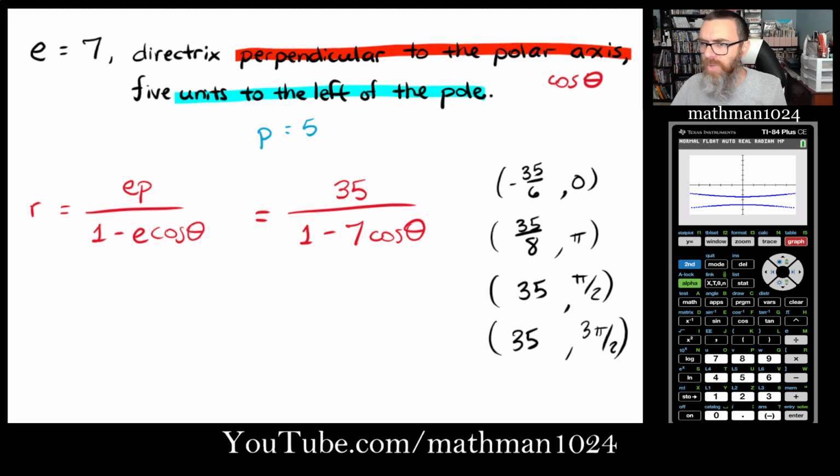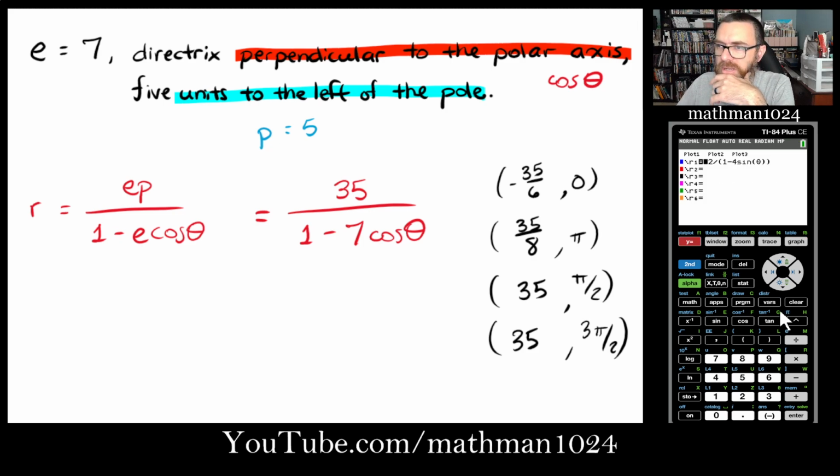So let's see what we can see here. So 35 divided by 1 minus 7 cosine theta. All right, so we only get this one little part right here, so we need to adjust the window.